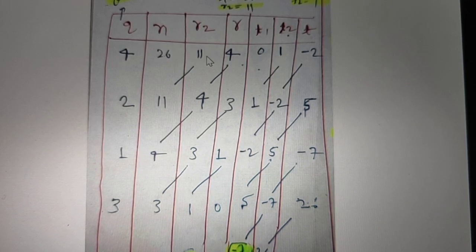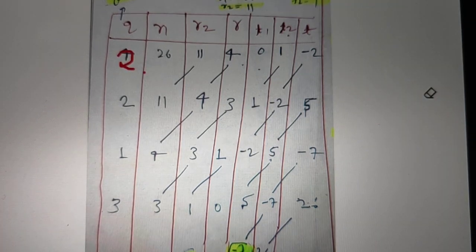Now we have to find the value of R. R is the remainder. When we divide 26 by 11, it goes 2 times, so Q is 2, and we are left with remainder R equal to 4.